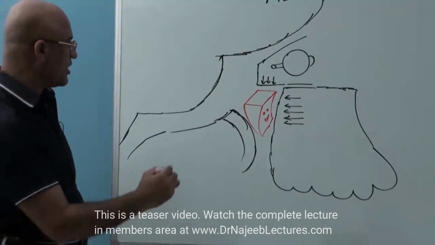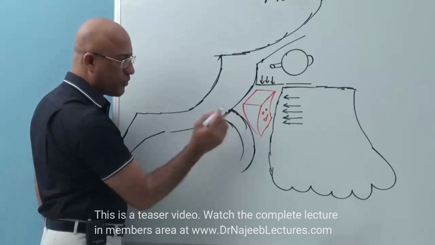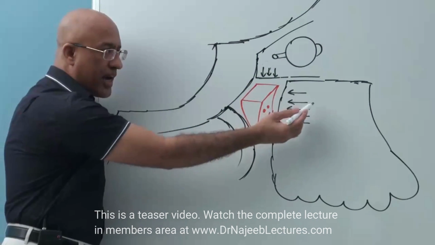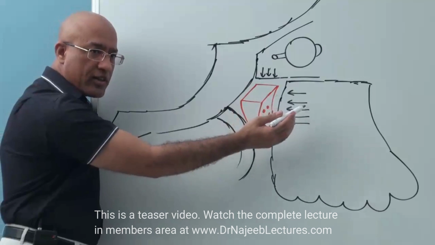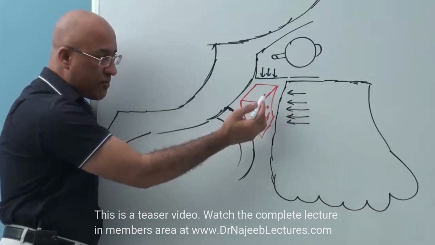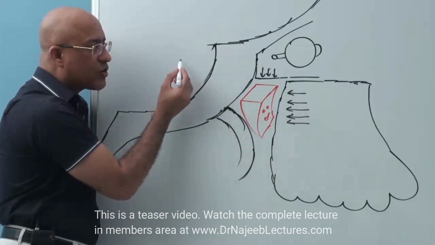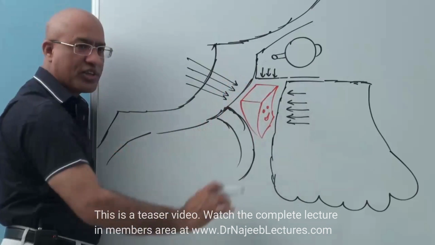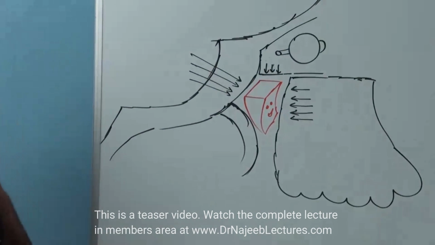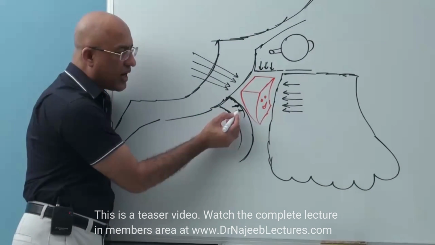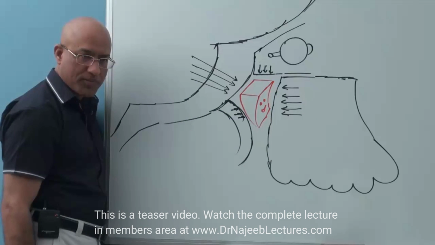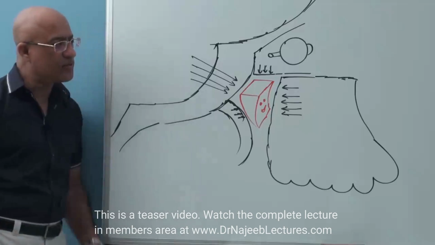Now you can see that basically this fossa is below the apex of the orbit, behind the superomedial part of the maxilla, and it is antero-inferior to the middle cranial fossa. It's very strategically located, right? And of course, it's just anterior to the pterygoid process of the sphenoid bone.